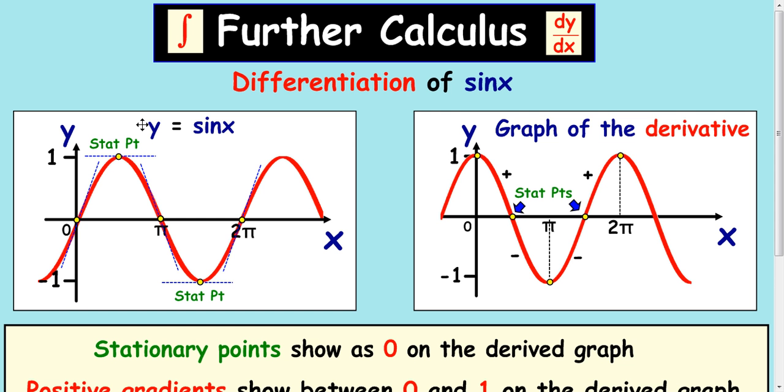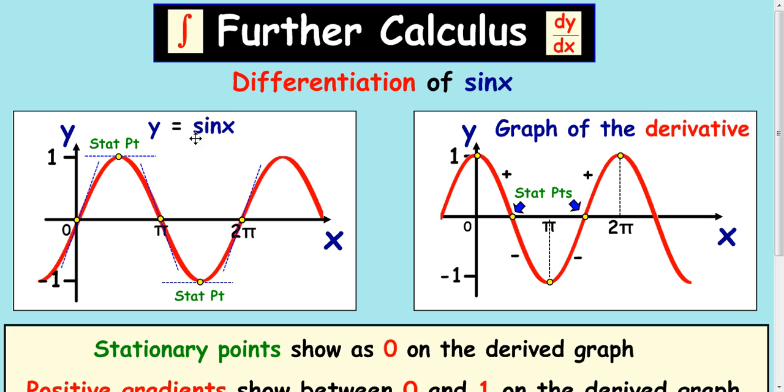So first of all, if we look at the sine wave, we're going to look at how to differentiate sine. The derivative of the sine function, or the sine wave, is easiest explained by drawing the graph of the derivative.